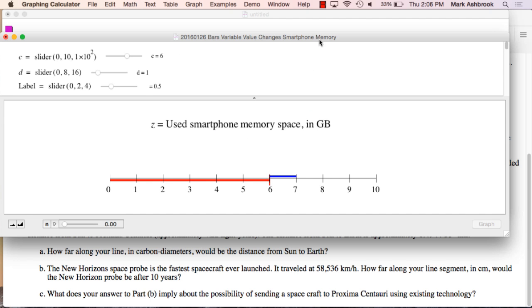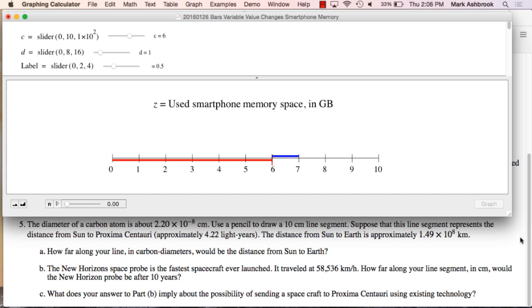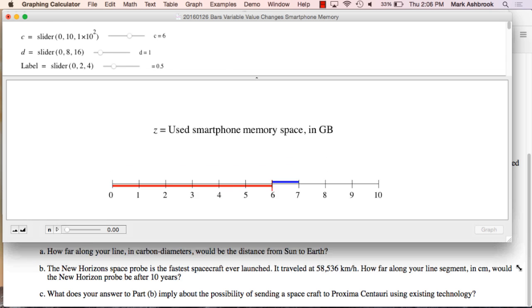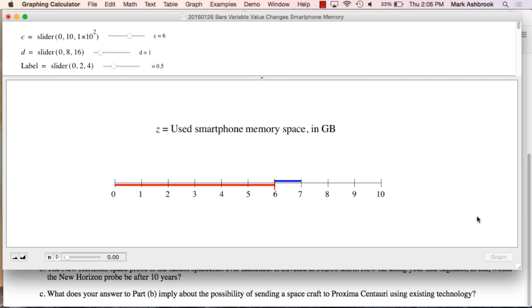All right, so I've got this little animation here, and I'm going to assign to the value z, the used smartphone memory space in gigabytes. Z is a variable. We'll talk more about variables in detail later, but very simply, variables vary.